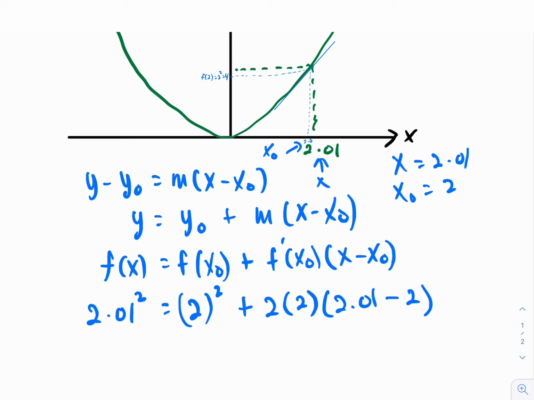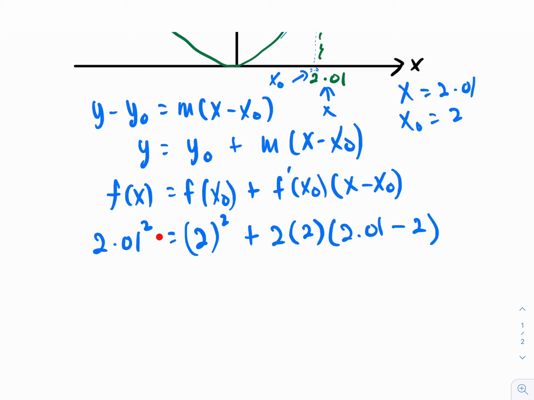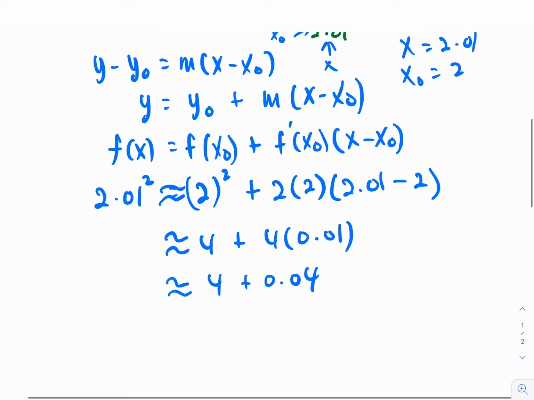Let's substitute these values, x and x naught, into our function. Actually, we'll have an approximate solution for 2.01 squared equal to 4 plus 4 multiplied by 0.01, which is 4 plus 0.04.